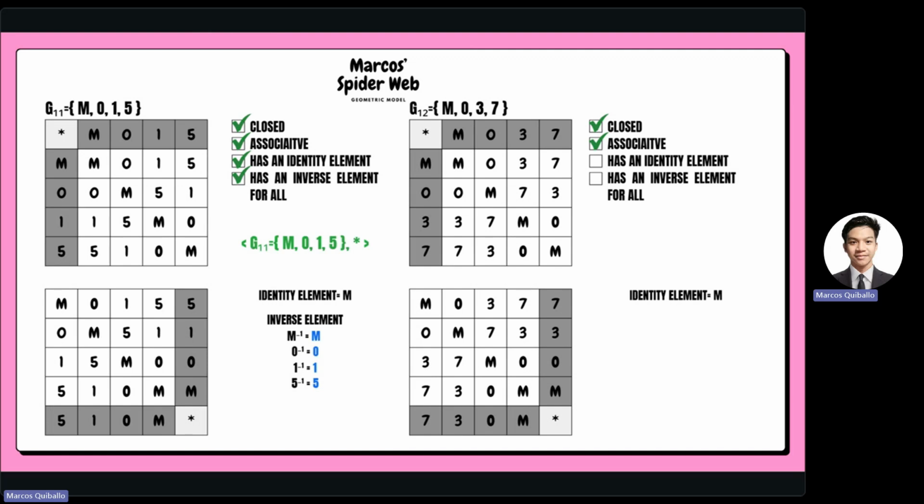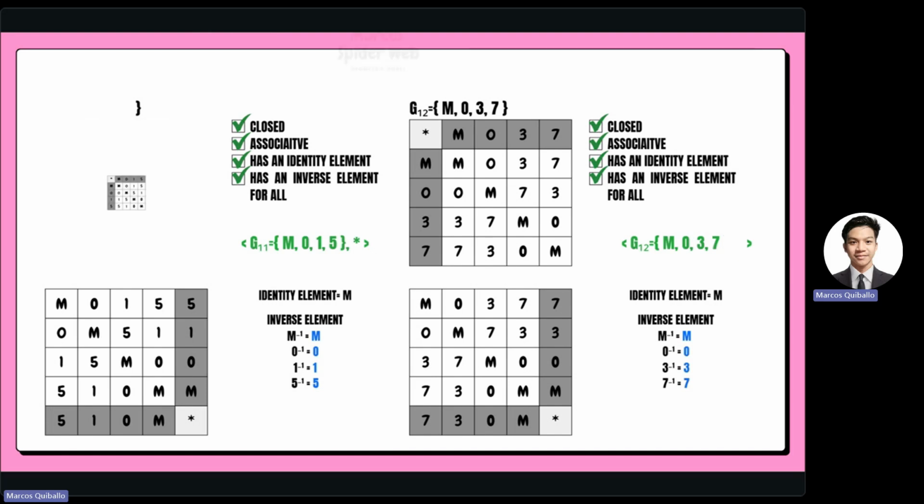So it is associative. It has an identity element, which is M, and it has an inverse element for all. The inverse of M is M, the inverse of O is O, the inverse of 3 is itself, and the inverse of 7 is itself. So this G sub 12 is also a group.